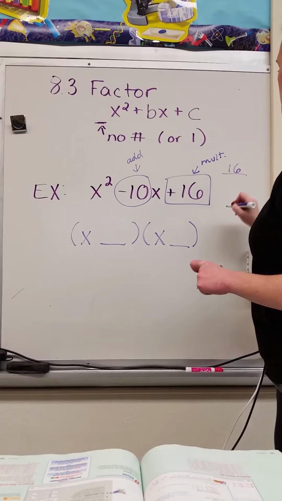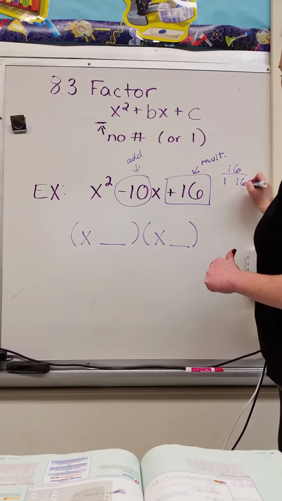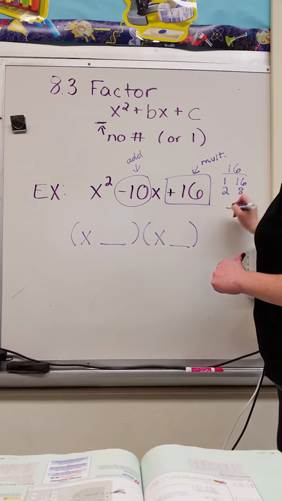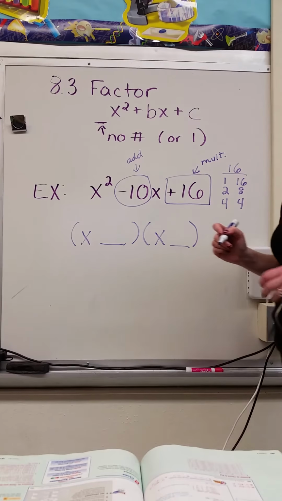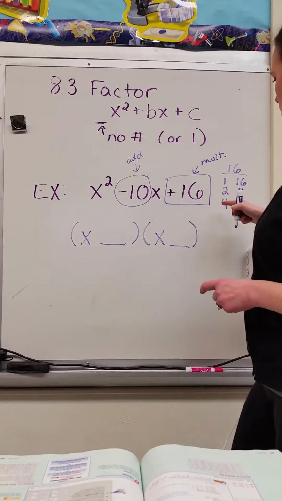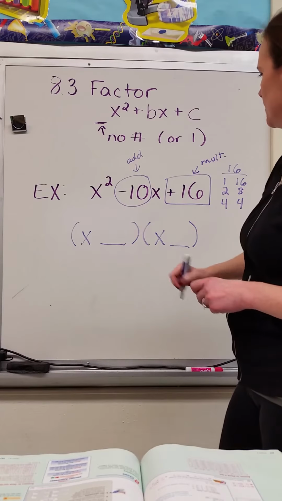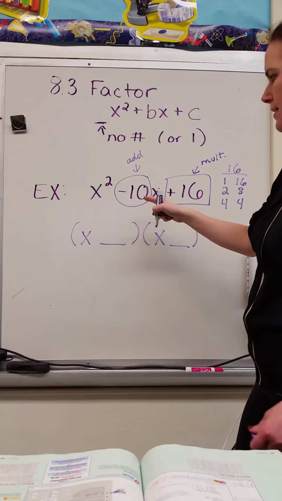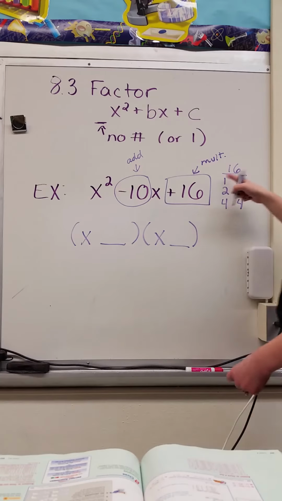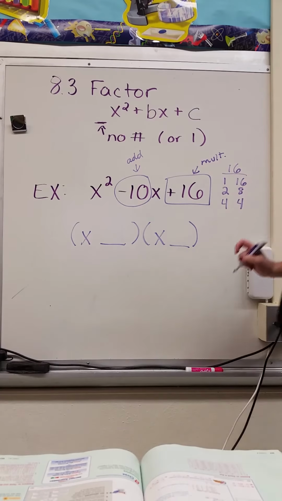So with my multiples of 16, I've got 1 and 16, 2 and 8, 4 and 4. So I'm figuring out which of those would add to be negative 10. Well, because it's a negative 10, these I wrote as all positives.